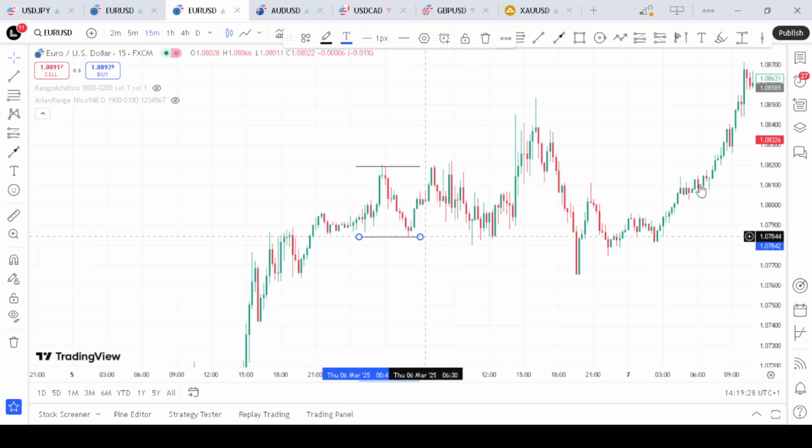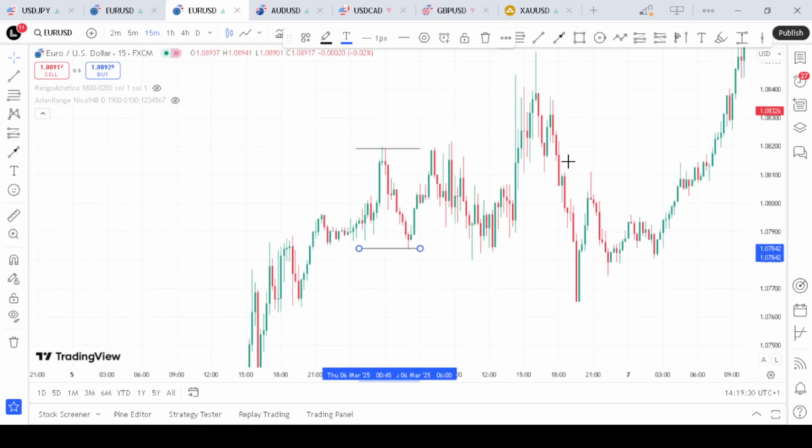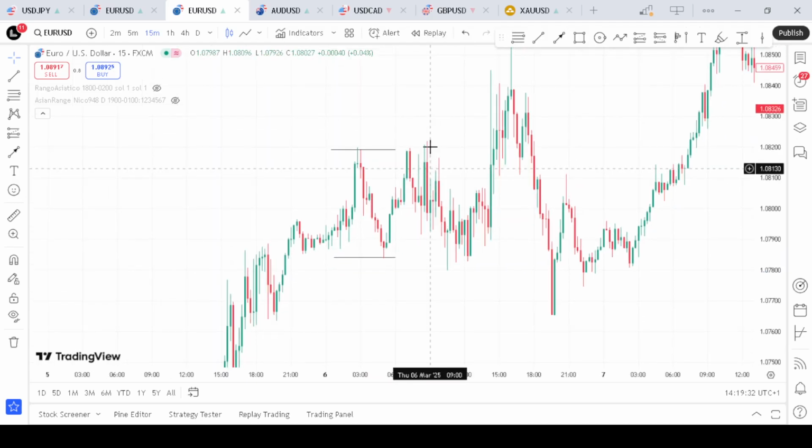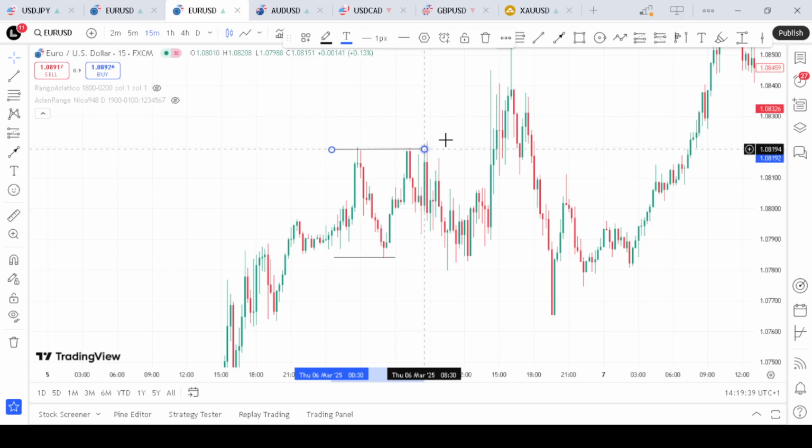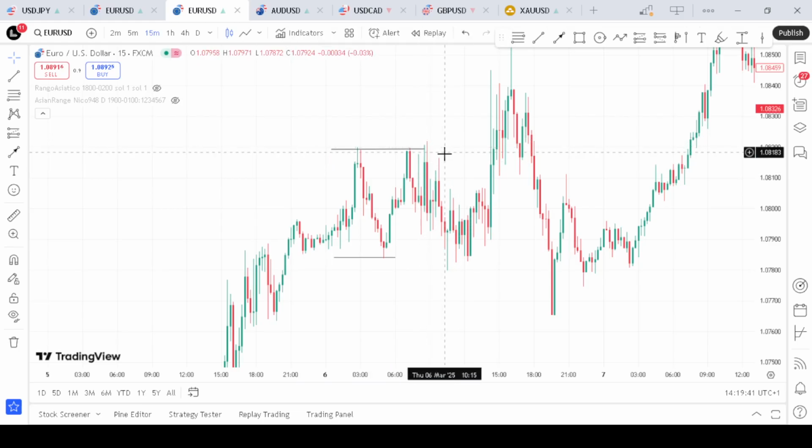Then when our trading day resumed, I would notice that price at this point, the London session, swept the high. The moment price swept the high, this indicates that sellers are coming in.